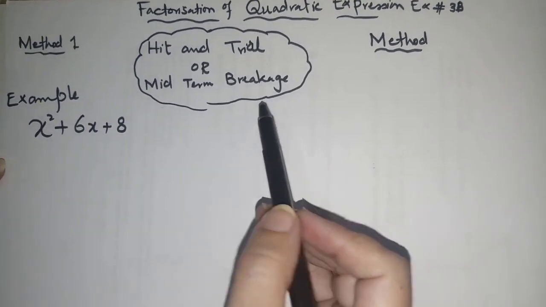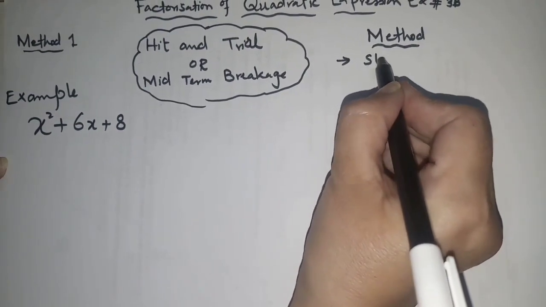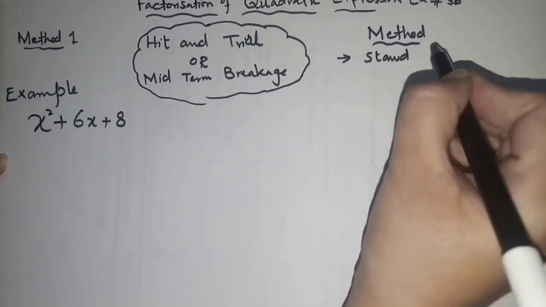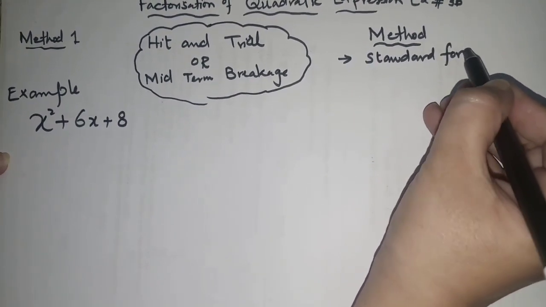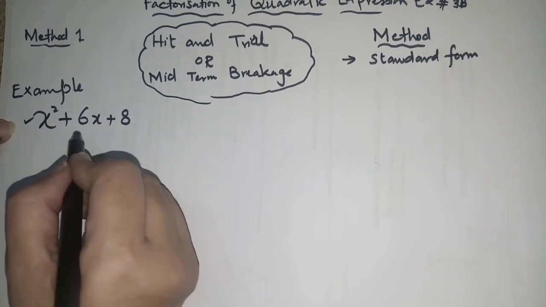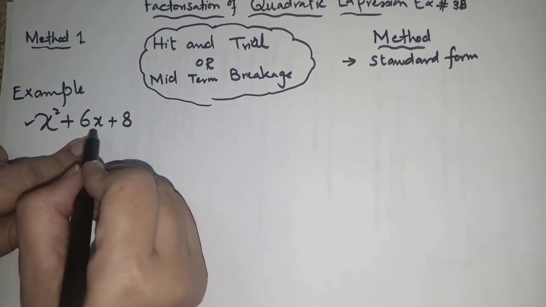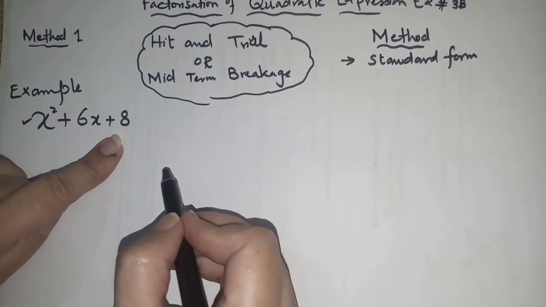Before solving the question, we have to see whether the question is in standard form or not. When we talk about standard form, it means the square term must come in the beginning, then the term having power 1 of the variable at the middle place and the constant at the last place.